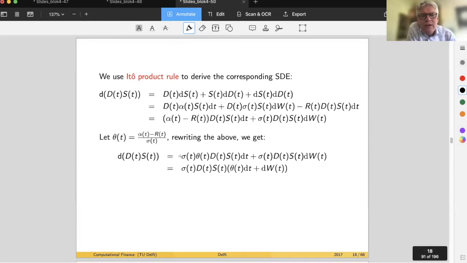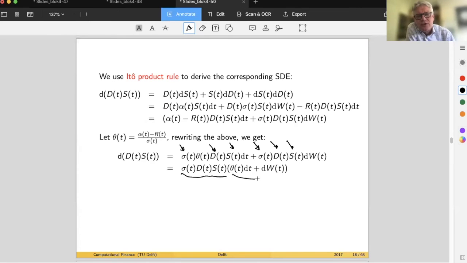Now we can rewrite this, and then we recognize a form that we have seen before. You see that in this term, we see sigma_t appearing that we can take out of the brackets, and we see the discount term D_t S_t. So we take them out of the brackets, and we put them up front here. That is sigma_t times D_t times S_t, and what remains is theta_t dt plus dW_t.